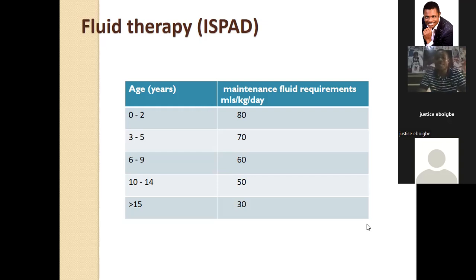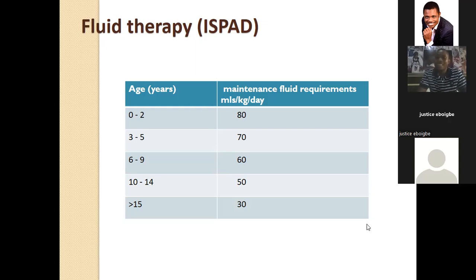Now remember that we say you correct over 48 hours, Abi? Out of the 48 hours, remember you have used 1 hour to resuscitate. So you are left with 47 hours. So you will now calculate for the second day. Remember what you calculated is daily maintenance. So that 1,500 mils, you now multiply by 2. That is 2 days. That becomes 3,000 mils.